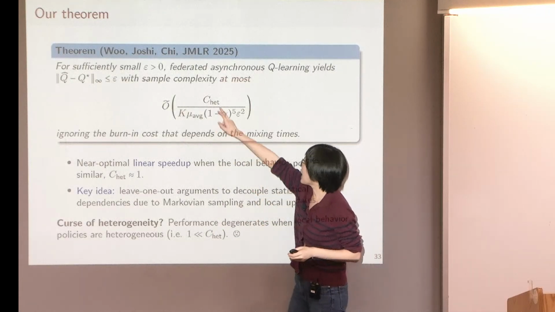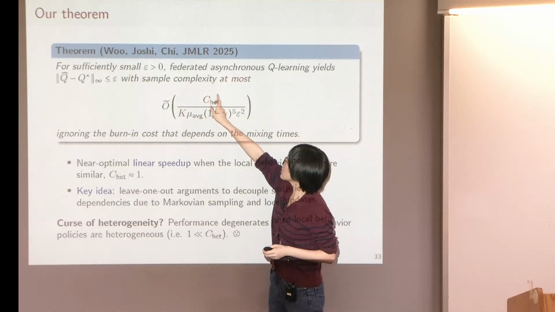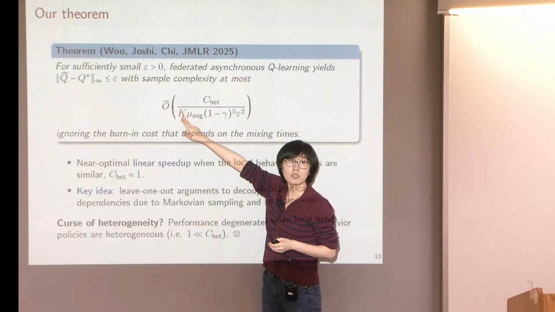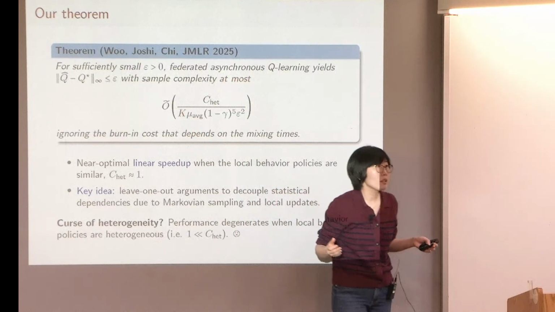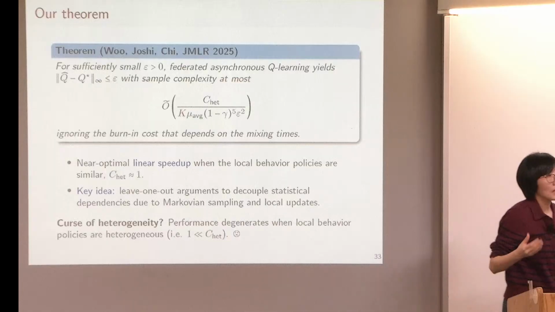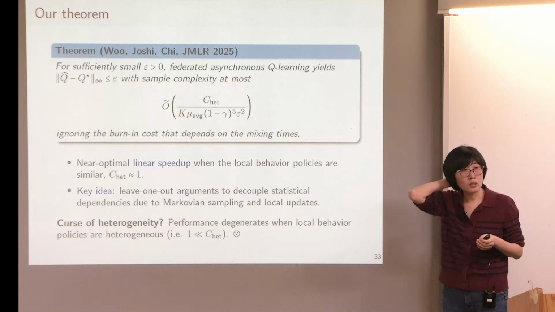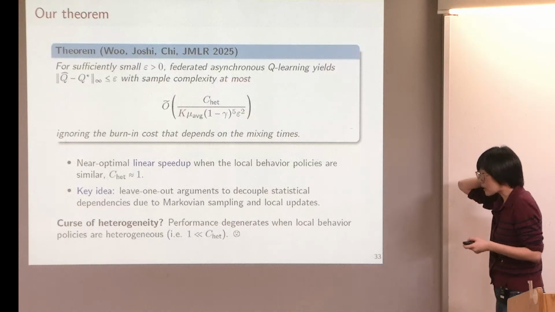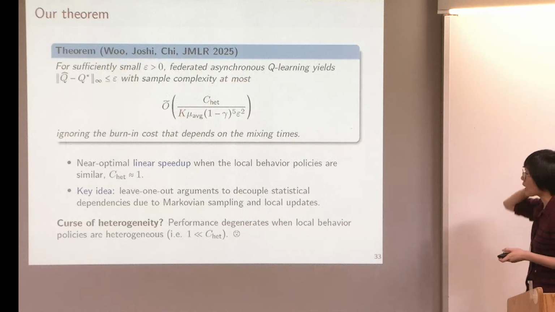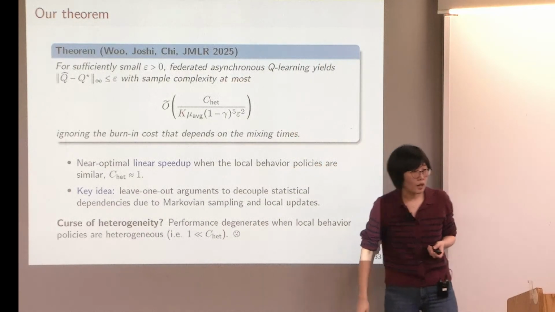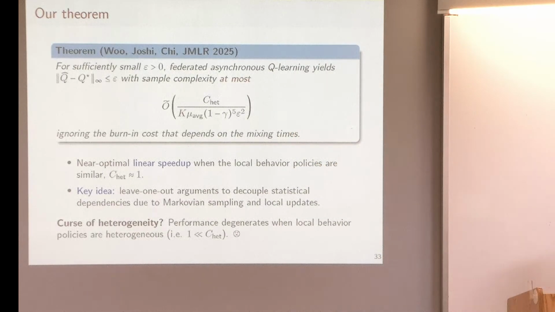But in that case, if this is almost like k, it will cancel your linear speedup in the denominator. So at the end of the day, we're not seeing any collaboration benefits. We're not getting linear speedup. So this raises the question: can we do better than this, and if so, how?